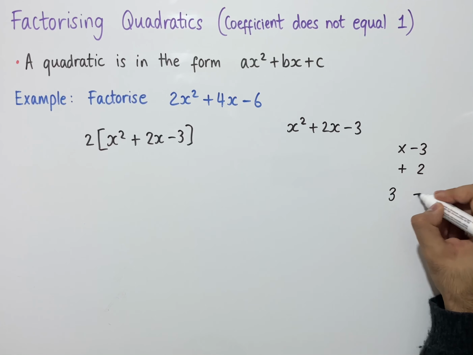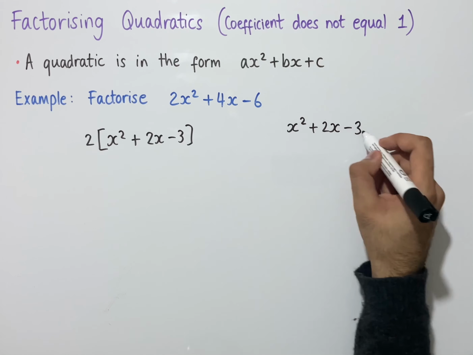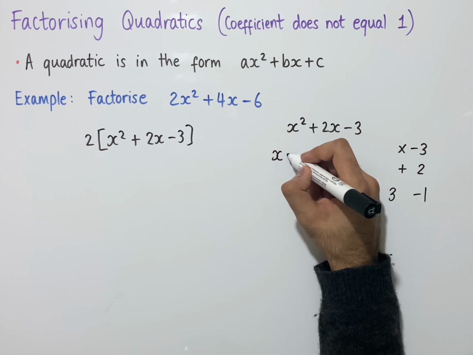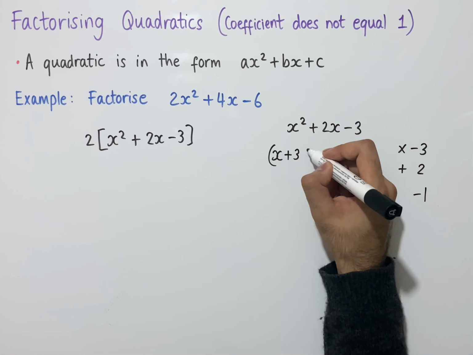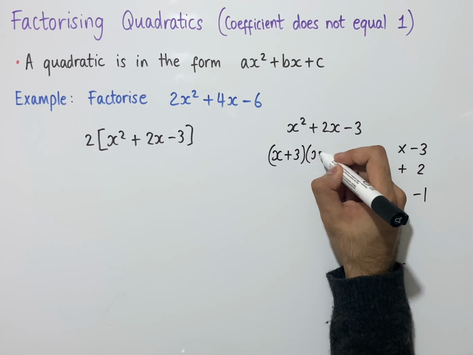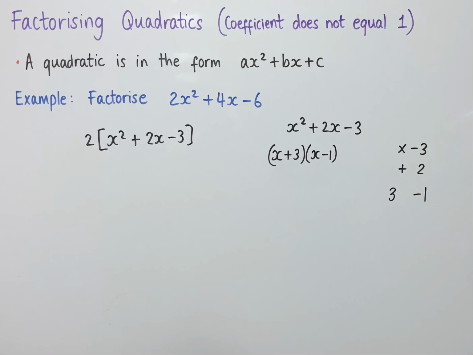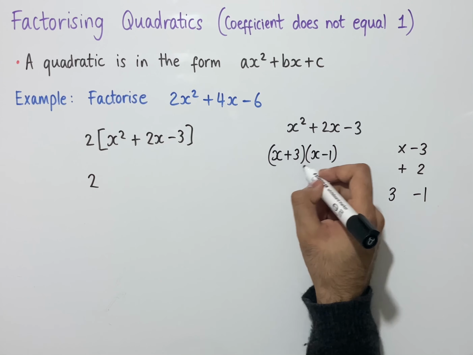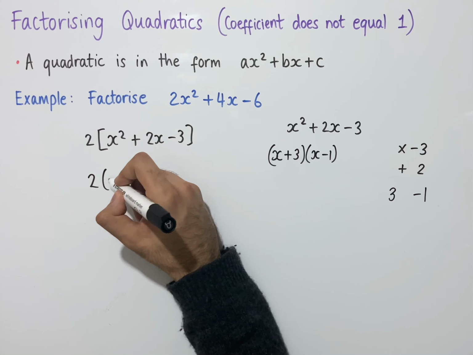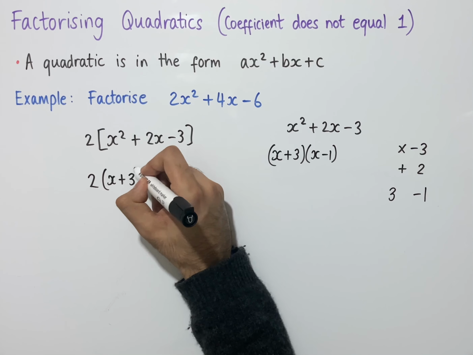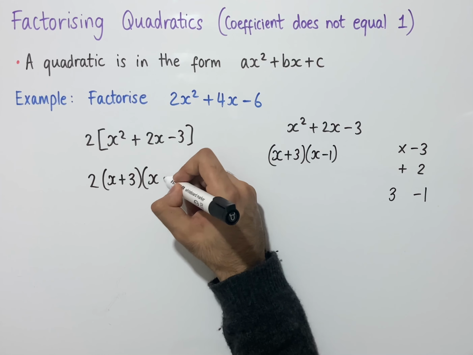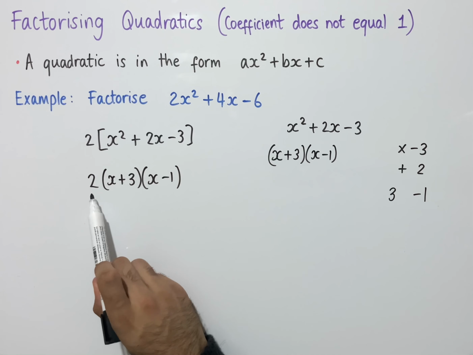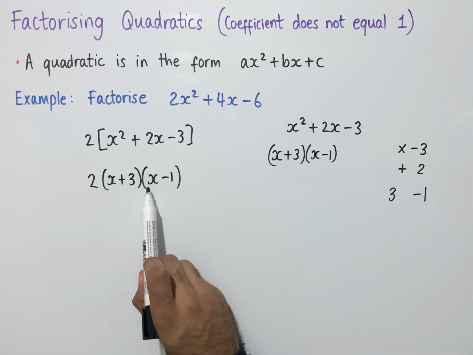So we can rewrite this quadratic as x plus 3 in brackets multiplied with x minus 1 in brackets, and with the 2 in front, this quadratic factorises to 2 brackets x plus 3 brackets x minus 1.